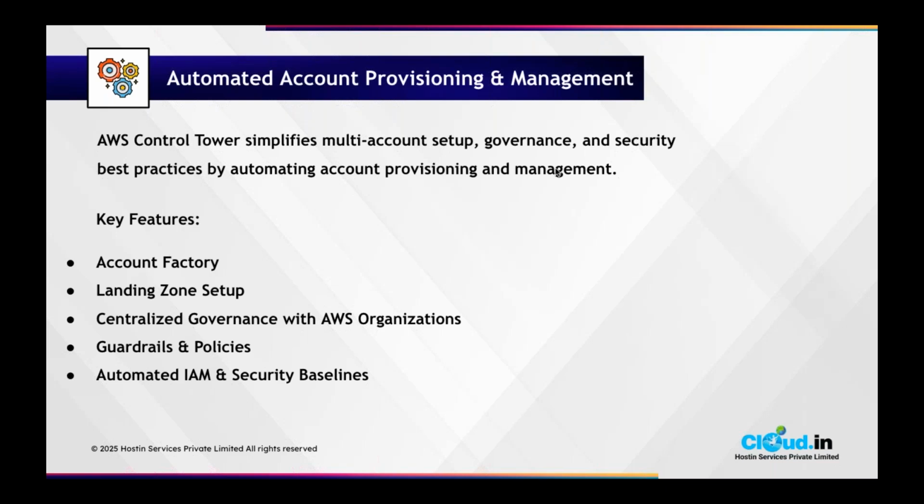Next is landing zone setup, a secure AWS foundation. Landing zone is like a blueprint for your AWS environment. It ensures that every new account follows best practices, reducing security risk and misconfiguration. AWS Control Tower also provides you with centralized governance with AWS Organizations.